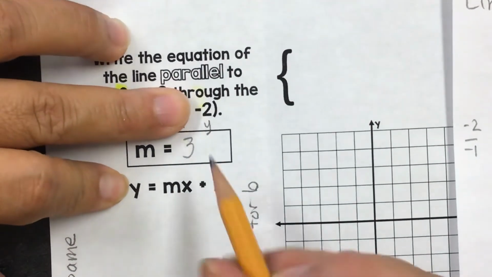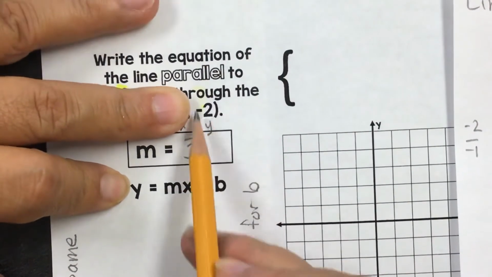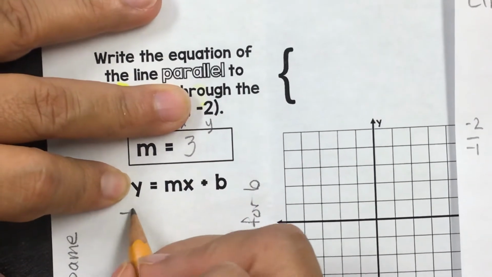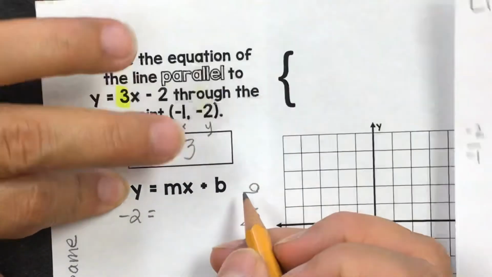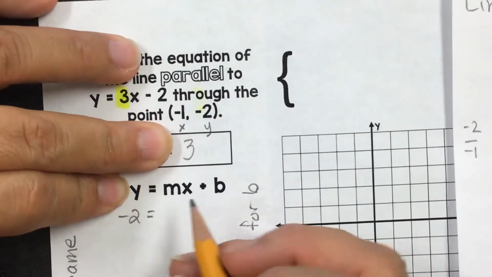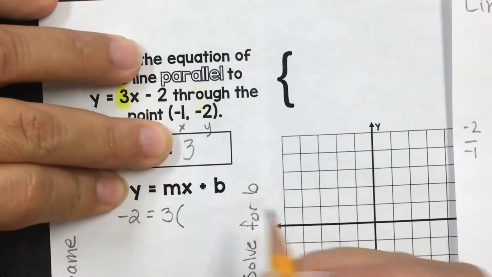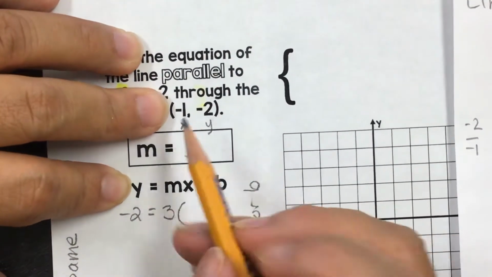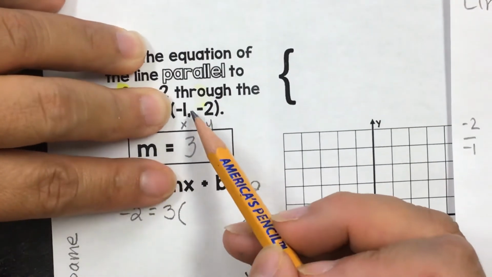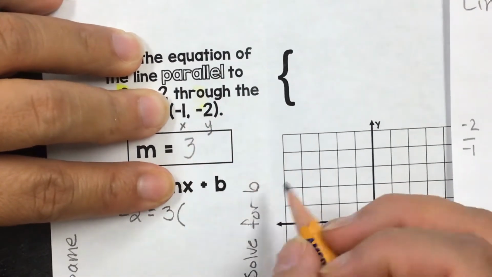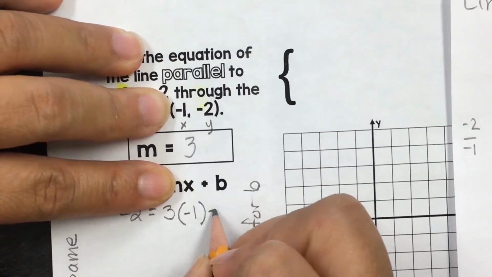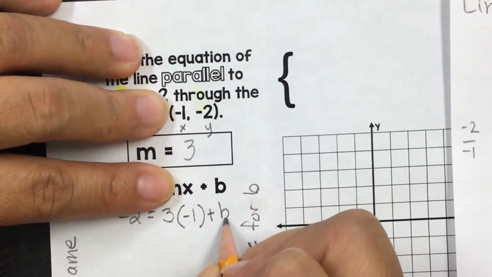Y corresponds with the -2 because it's a y value. M has to be 3 because it's the same slope. X is the -1 because it's an x value. And we're solving for b, so we leave it plus b.